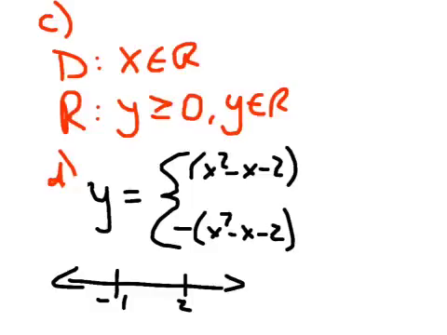Is the function negative in between here, or is it on the outsides? All you have to do is plug in a test point. Okay? If you plug in a test point, okay, a test point to be 0. So, sorry, let's sub in 0.